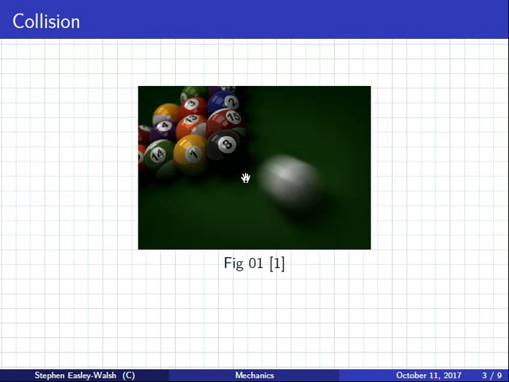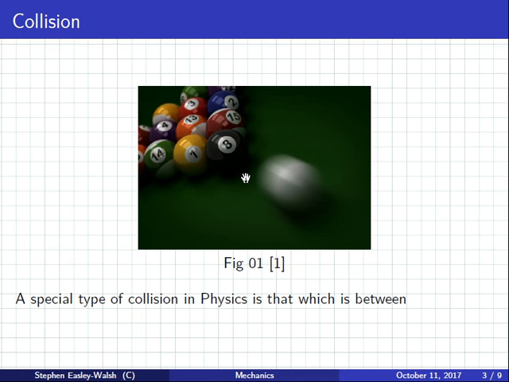Right, so, collisions. A special type of collision in physics is that which is between two masses. So a lot of what we'll do today is looking at two masses colliding, and also that there's no external force. So the two masses are moving along and just collide.